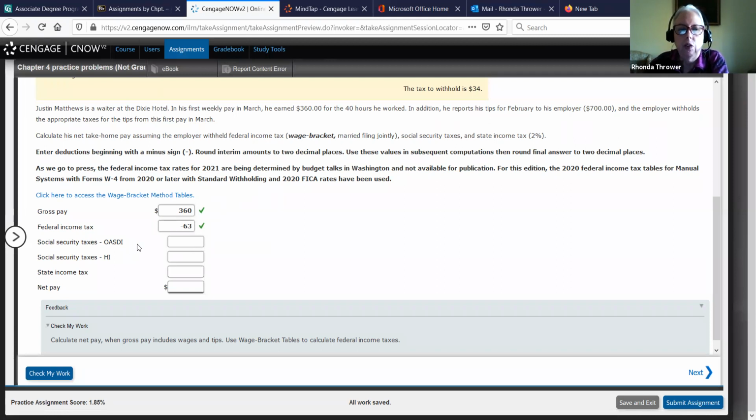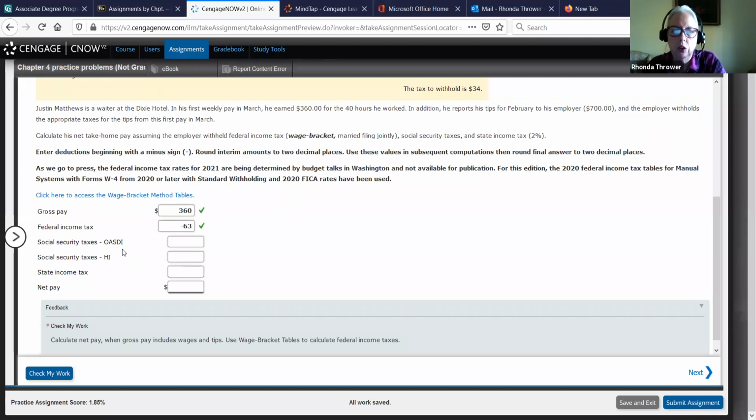To calculate the Social Security taxes, the OASDI, you'll remember that was our Social Security tax, and we learned how to do this in Chapter 3.